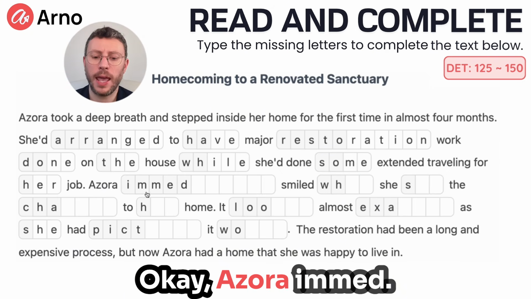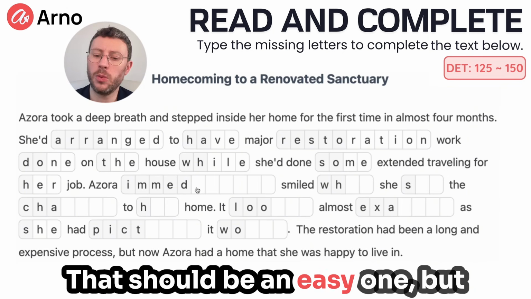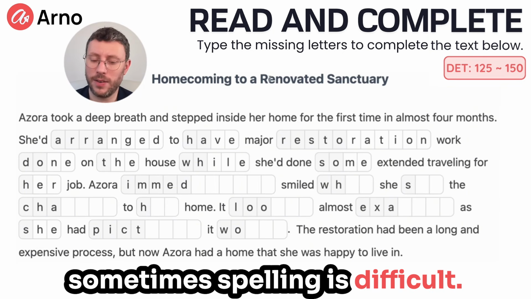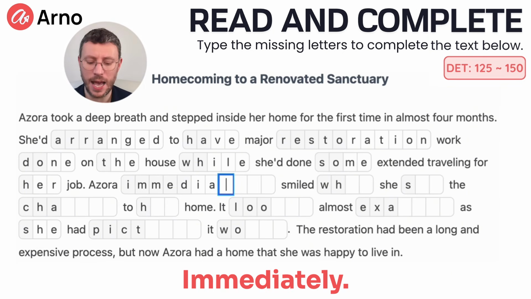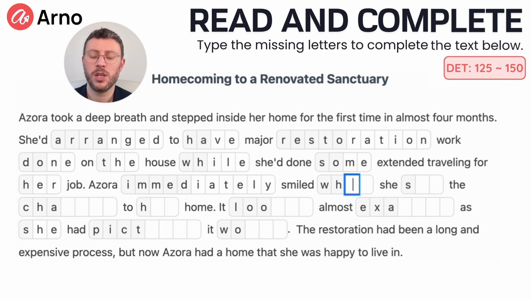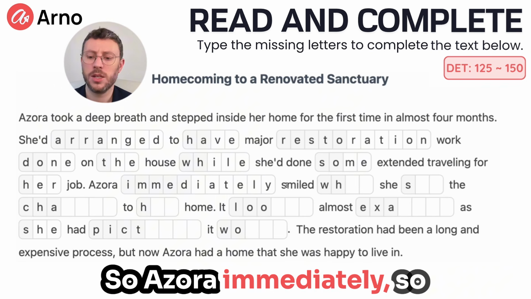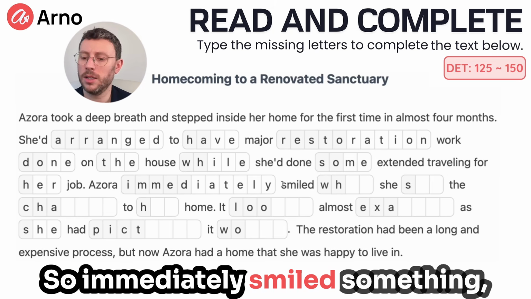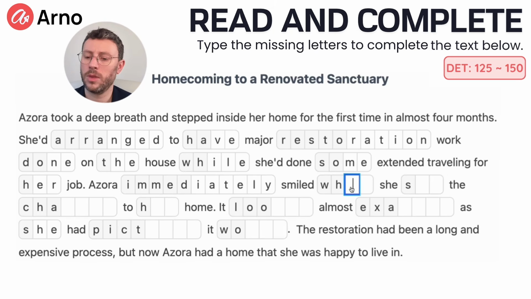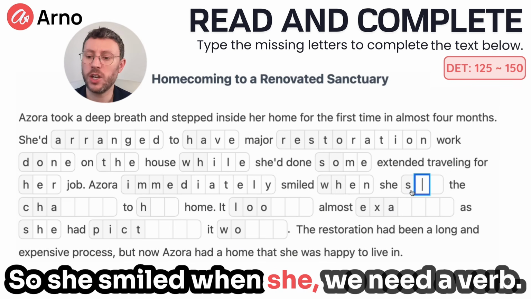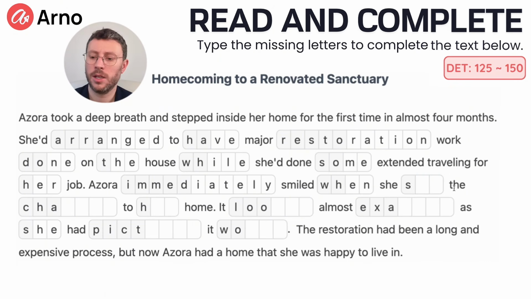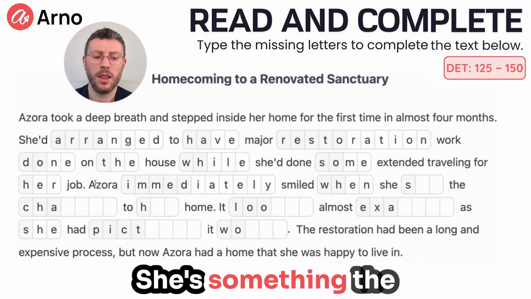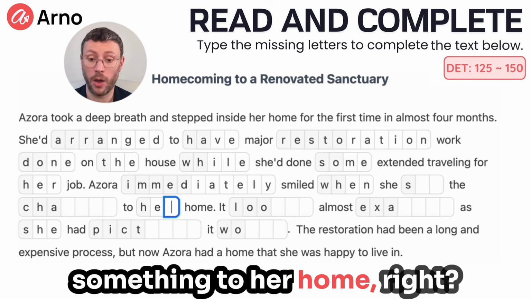Okay, Azora, that should be an easy one, but sometimes spelling is difficult. Immediately. So Azora immediately. So she immediately smiled. So immediately smiled something. Well, it's not where, is it? When. So she smiled when we need a verb. So a verb, she something, the something to her home, right?